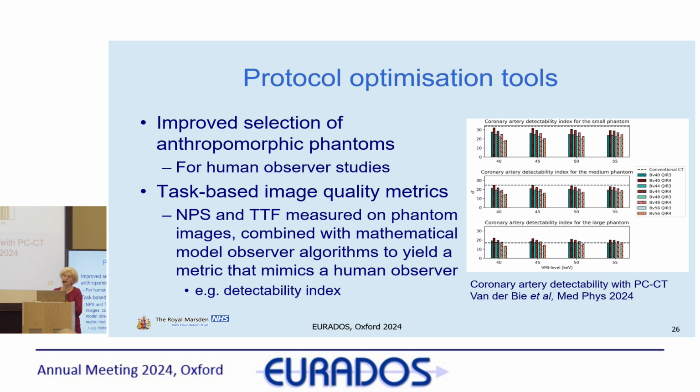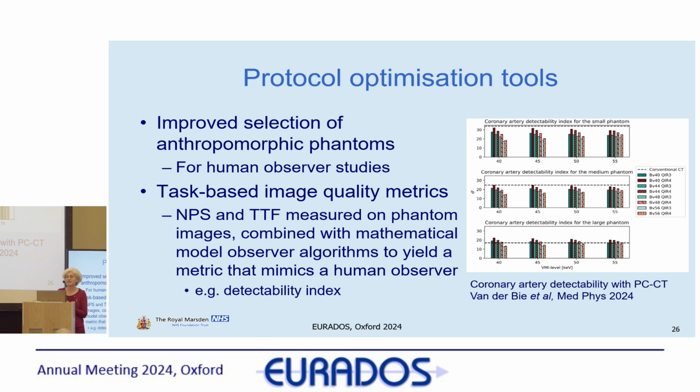For more robust methodical analysis of different protocol parameters, we now have task-based image quality metrics where we've taken the noise power spectrum and the task transfer function, which we can measure on phantom images, and combine them with mathematical model observers to yield a metric that mimics a human observer.